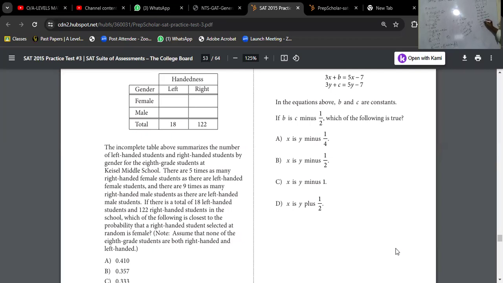So when X is equal to 10, then 5X stands for the female. So there are 50 female students, and we want the probability of female. So it is 50 over the total number of right-handed students, 122.